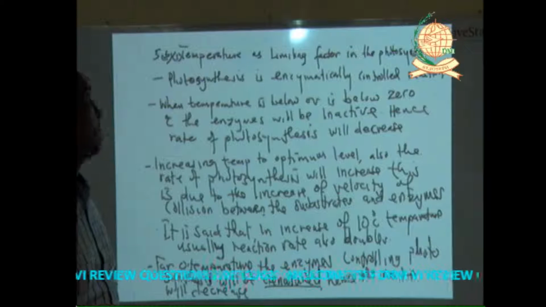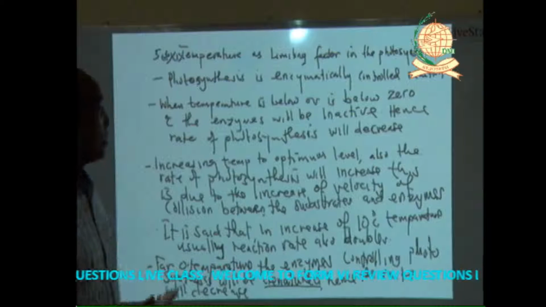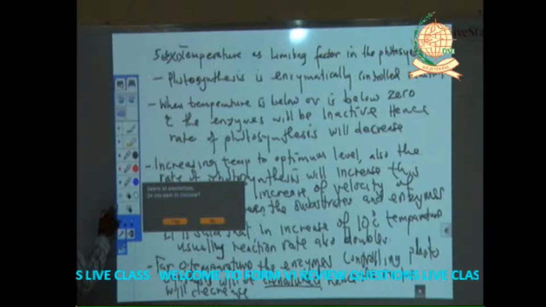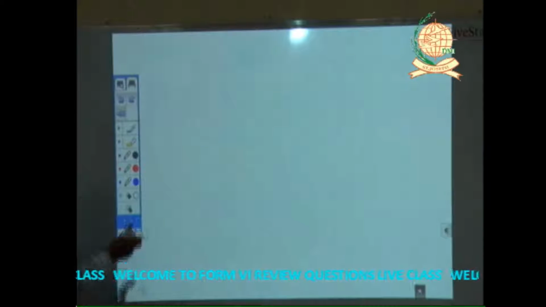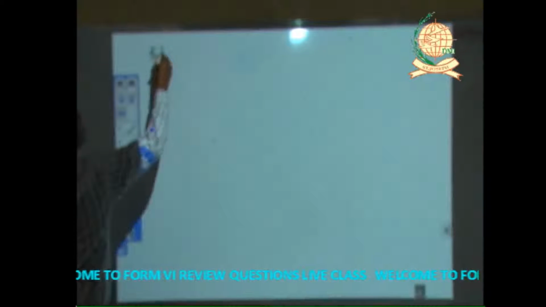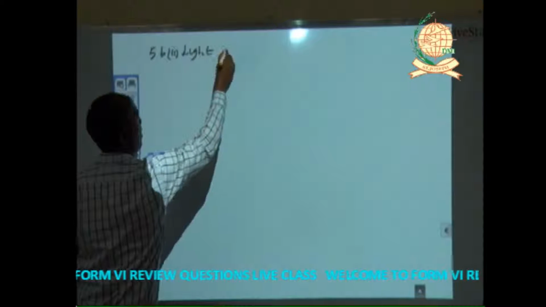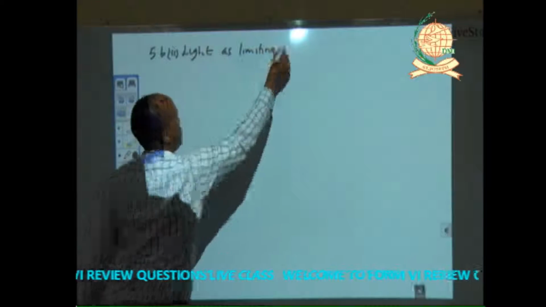So let's go to how light is a limiting factor. That is 5B Roman 2, light as limiting factor.